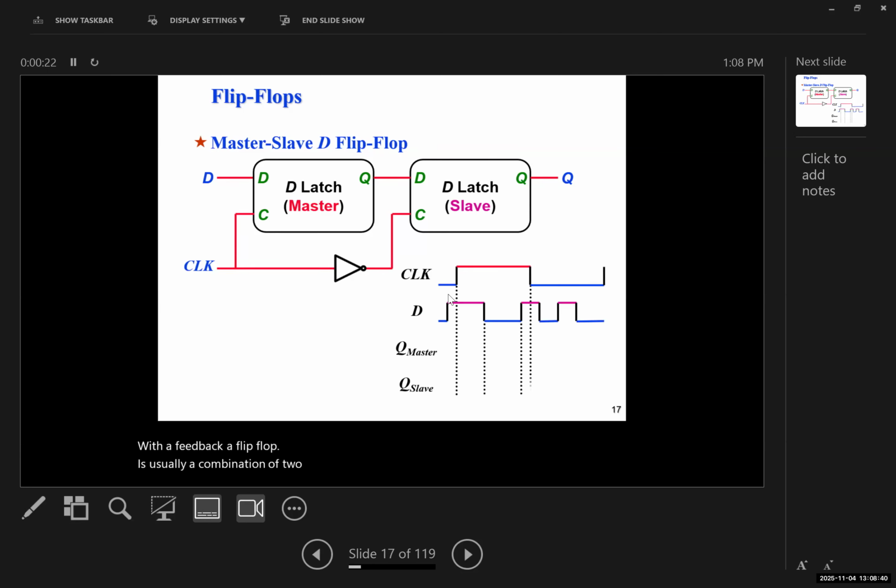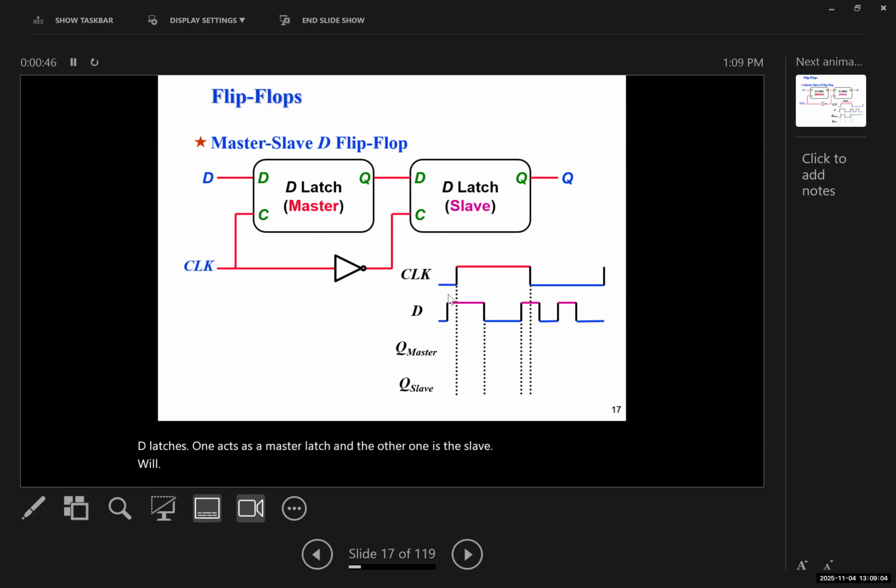Now, this is an example of a flip-flop. It's called the master-slave D flip-flop. It's comprised of 2 D latches. One acts as a master latch, and the other one is the slave D latch.